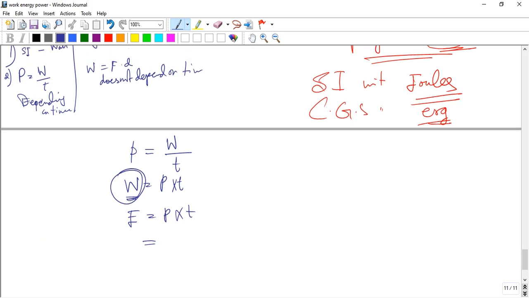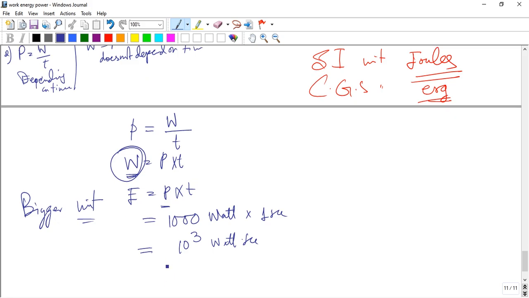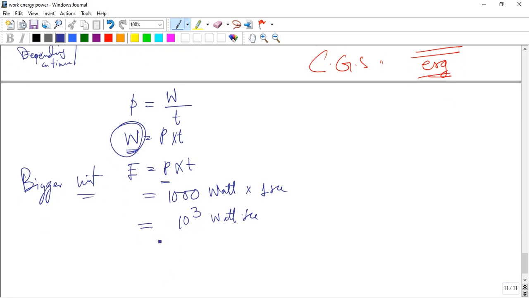Suppose the bigger unit is, if 1000 watt in 1 second, that is equal to 10 to the power 3 watt second, means 1000 joule also.